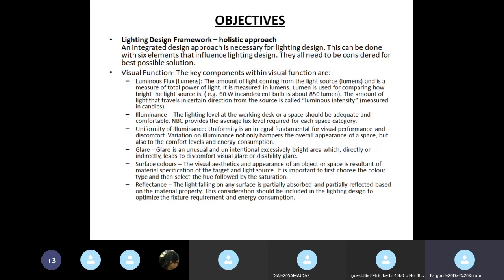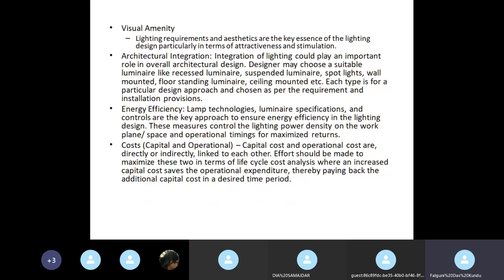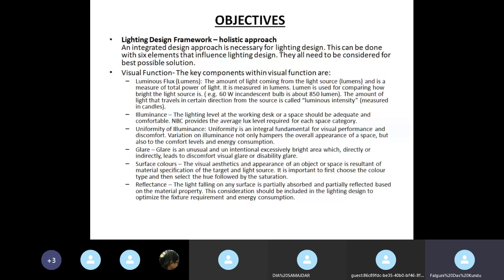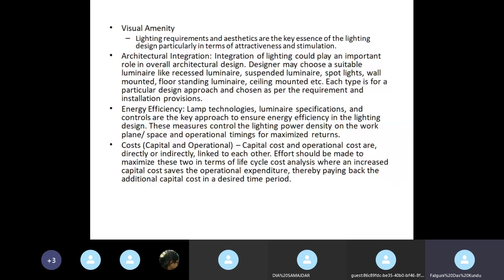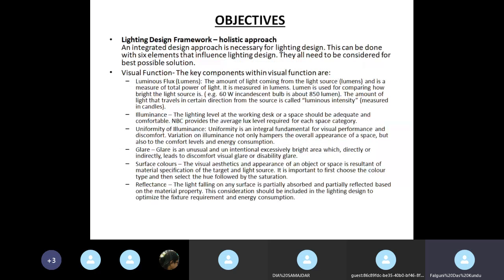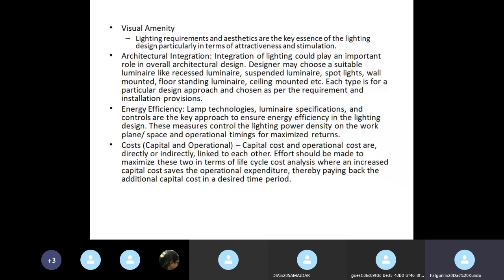Okay. The next is the visual amenity. So here the first point is the visual function, which has the 6 components within visual functions. Next is the visual amenity. Lighting requirements and the aesthetics are the key essence of the lighting design, particularly in terms of attractiveness and the stimulations.